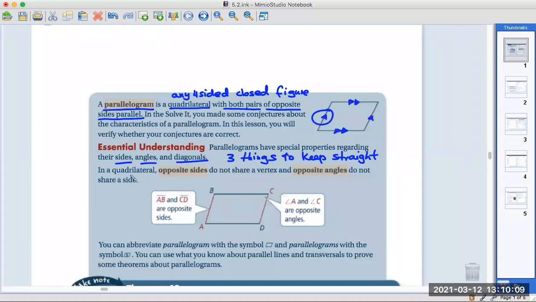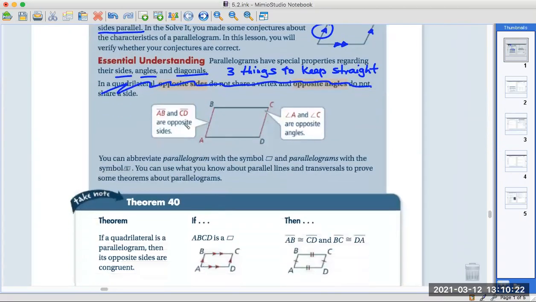In a quadrilateral, notice any four-sided figure, opposite sides do not, okay, let's ignore that. It's kind of too much. So here we have sides. Notice this is a side and this is a side. They're opposite. They're trying to explain what the word opposite means. This side is opposite of that side. And these two are angles. Do you see how it's written differently?